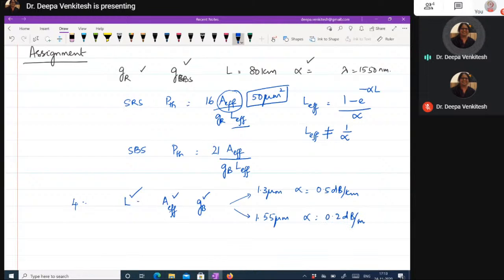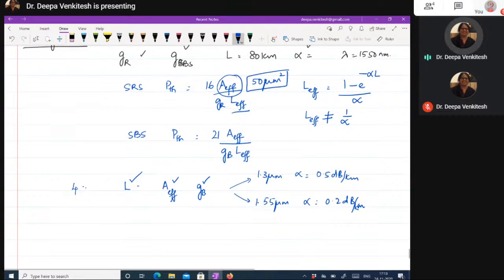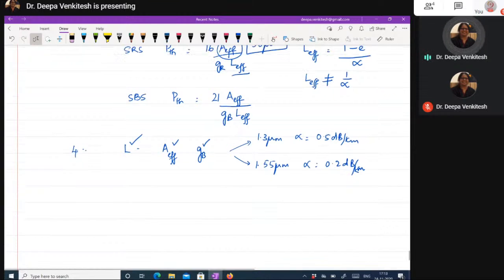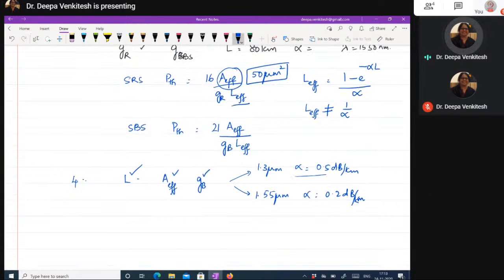So this is a question to ask ourselves which wavelength is better as far as the nonlinear Brillouin threshold is considered, whether transmission at 1.3 micron or 1.55 micron is better. It turns out that alpha is 0.5, larger for 1.3 micron, and you will see that correspondingly the effective length becomes smaller.